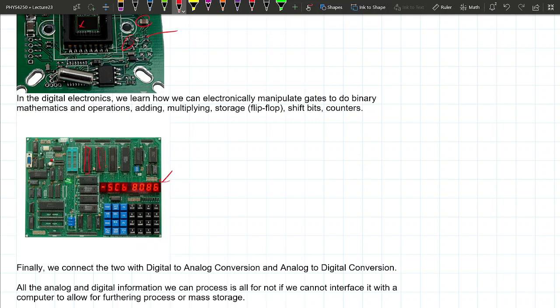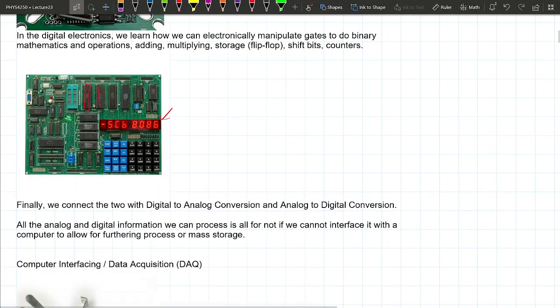So finally, we get to combine these two together, and the two things we're going to be working with for the last lab are the digital to analog converter, short for DAC, because DAC actually stands for something else also, with a Q, and then the analog to digital converter, the ADC.